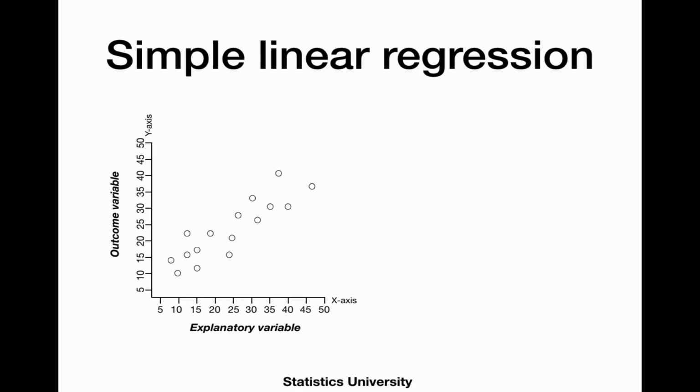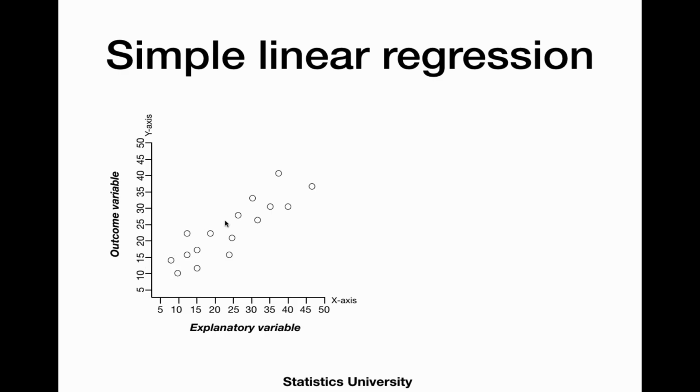Let's take a look at how simple linear regression works. And we'll do this by exploring this scatter plot that might be familiar to you. On the x-axis, we represent different x values of the explanatory variable, whereas on the y-axis, we represent different y values of the outcome variable.